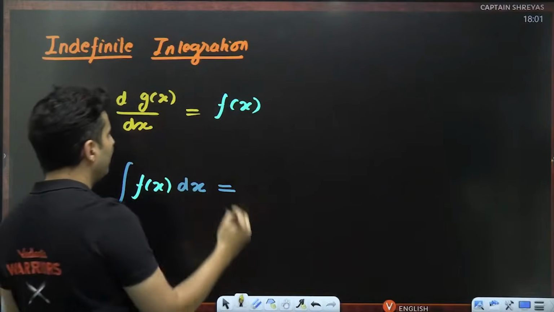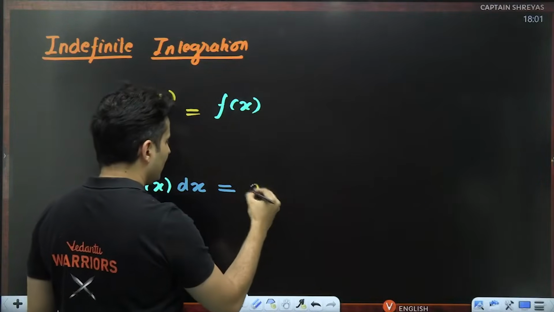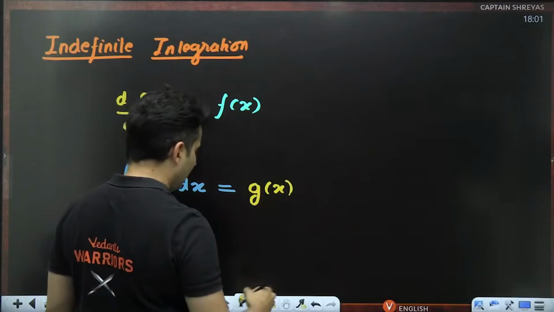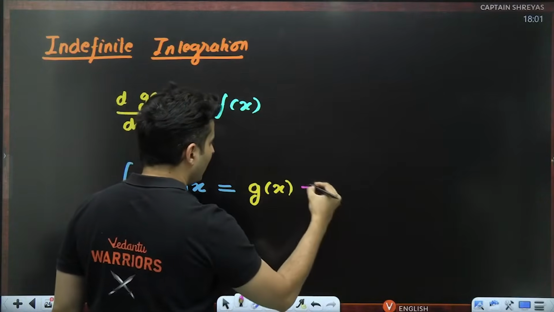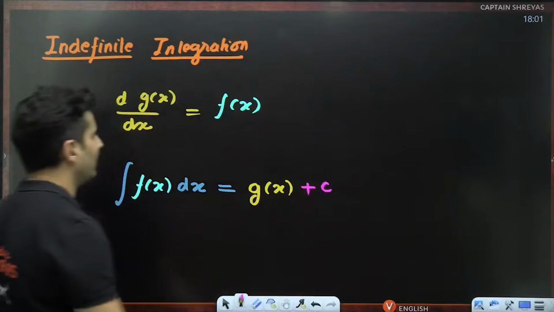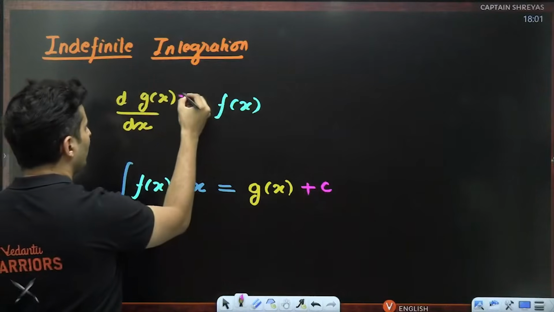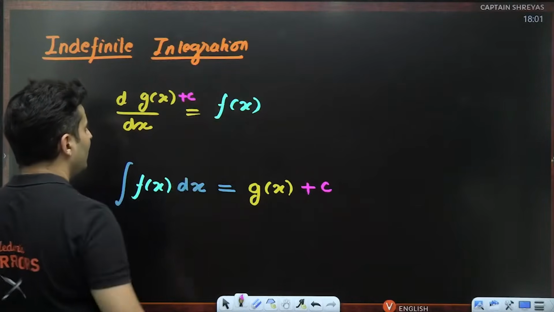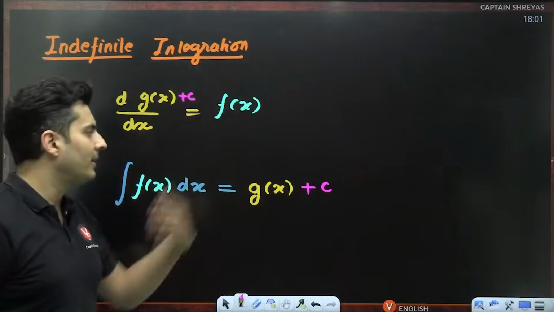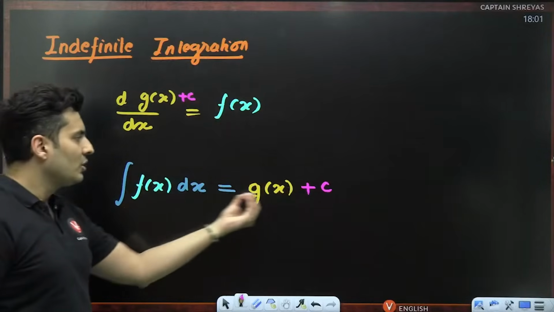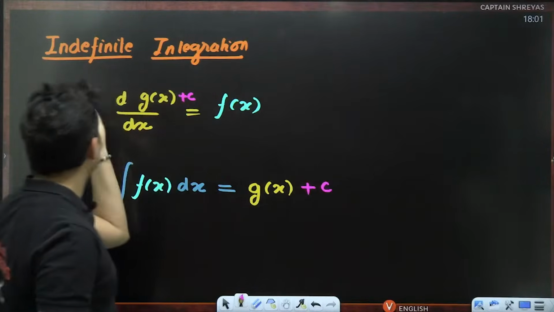I'll get back the antiderivative, which is nothing but your g of x, and obviously it comes with an unknown, which is the constant of integration, because probably the original also could have had a constant which we never knew about. So this is your indefinite integration.